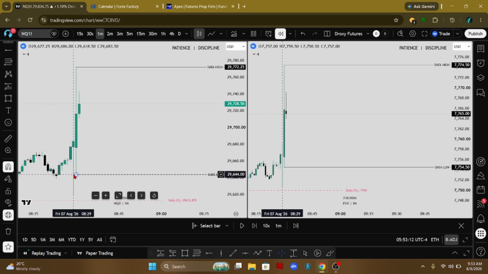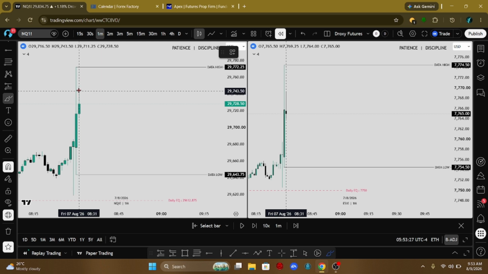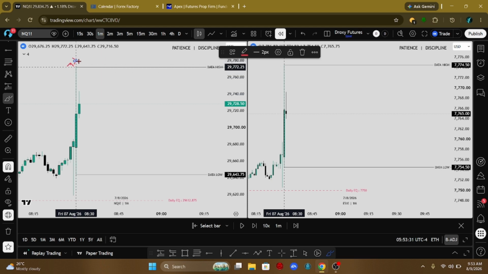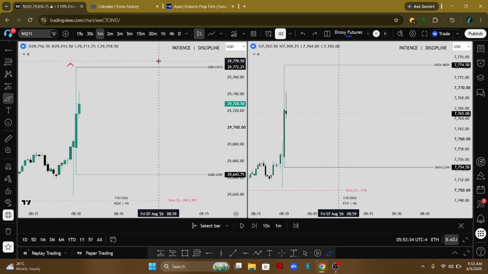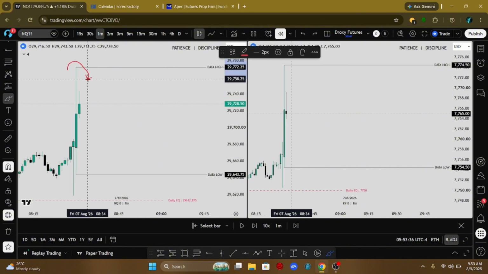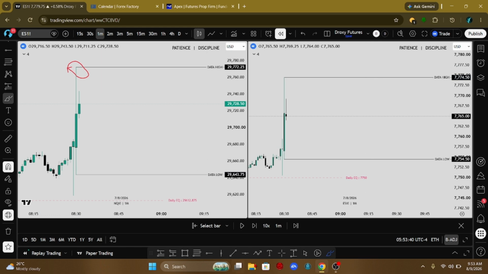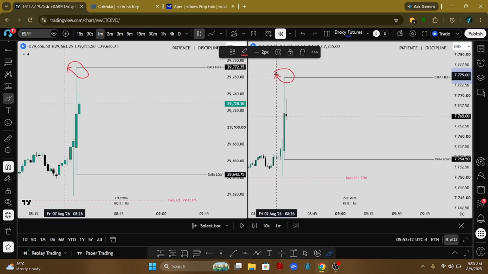You see this candle on the left, the one with this long wick, is the 8:29 candle, and then the 8:31 candle. The 8:30 candle is not forming a swing low. But if you check the high here, the 8:29 candle and the 8:31 candle are making the 8:30 candle a swing high. The same thing is also happening on ES here.